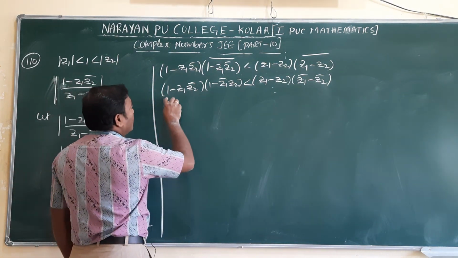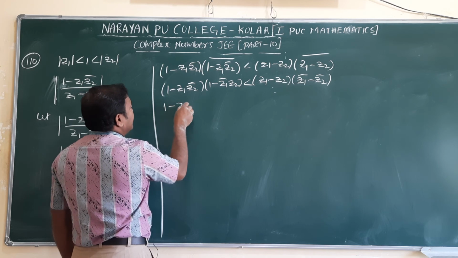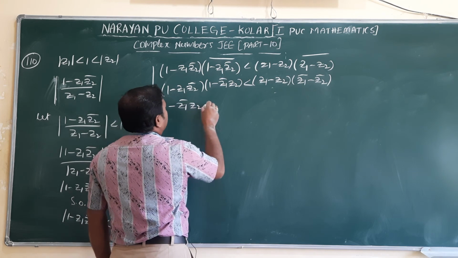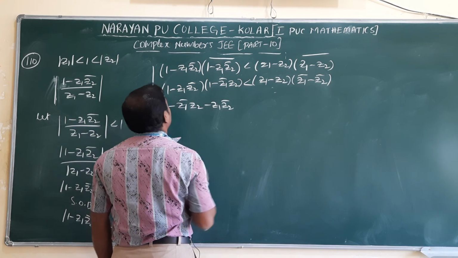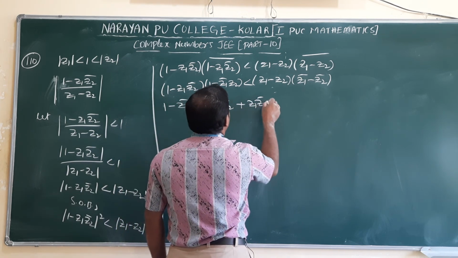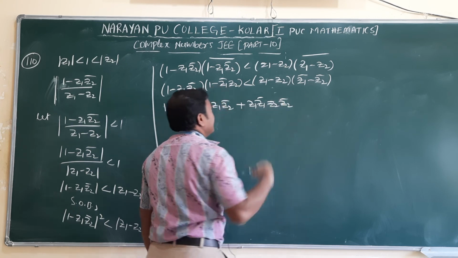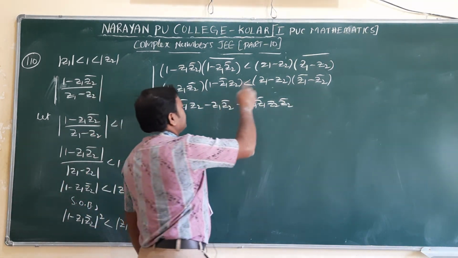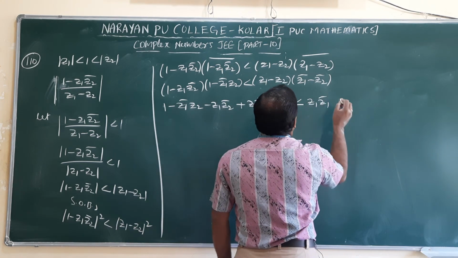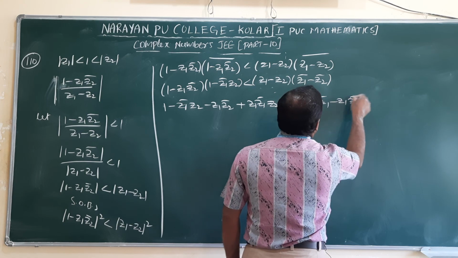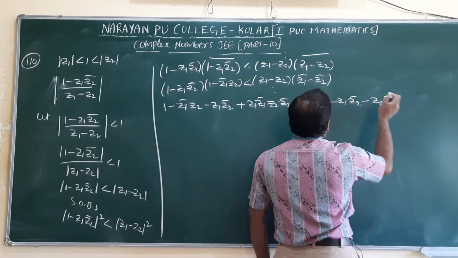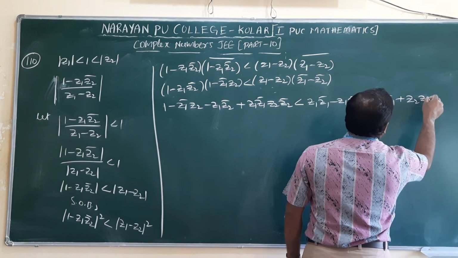Now multiplying here, 1 into 1 minus z1 bar into z2 minus z1 into z2 bar, minus into minus plus z1 into z1 bar into z2 into z2 bar is less than z1 into z1 bar minus z1 into z2 bar minus z2 into z1 bar plus z2 into z2 bar.